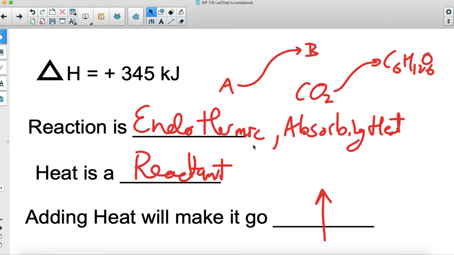So adding more heat is going to make this reaction go, what do you think? Forward or backwards. Okay, more sunlight makes photosynthesis go forward. More heat makes it happen better. So an endothermic reaction absorbs heat, goes forward if you add heat.